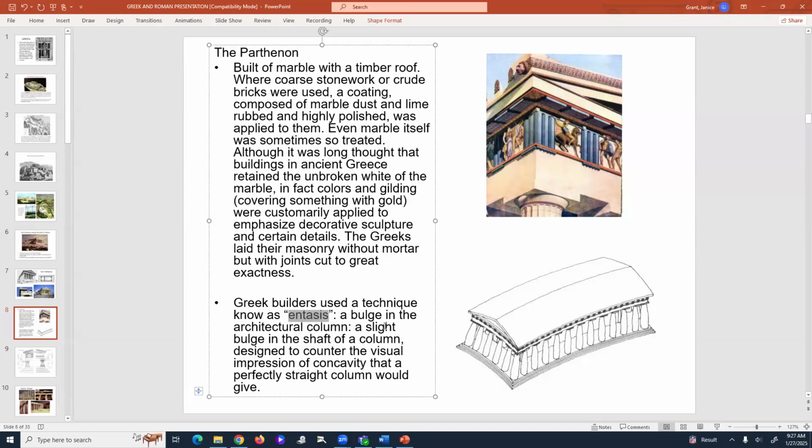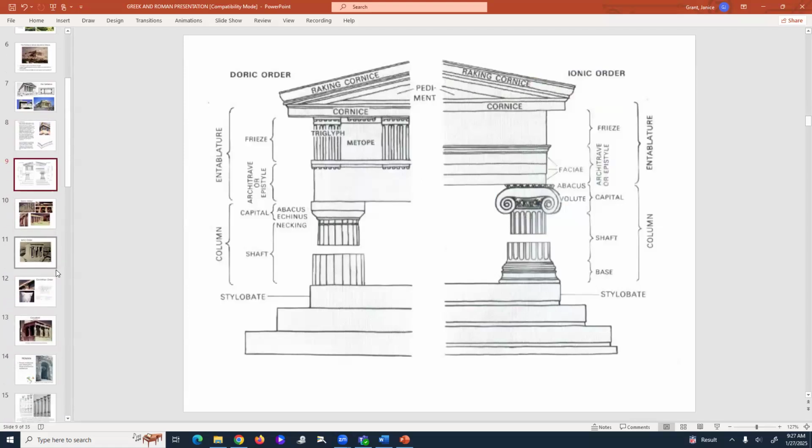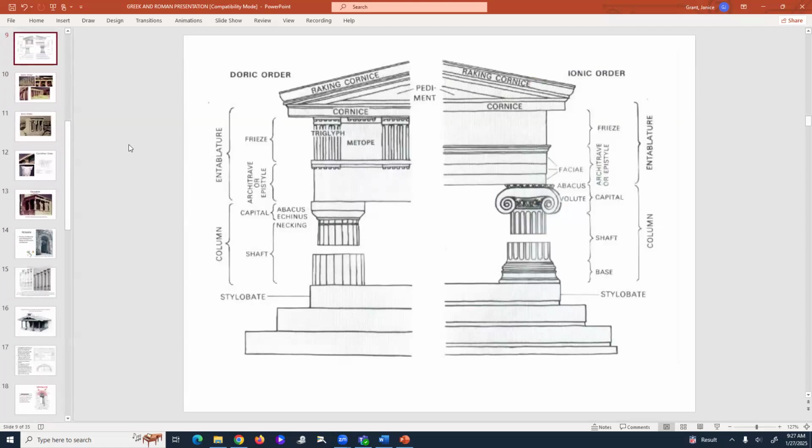There's some real thinking here of how we visually see these tall, old columns. That's good planning as an architect, to change the way we visually see something.